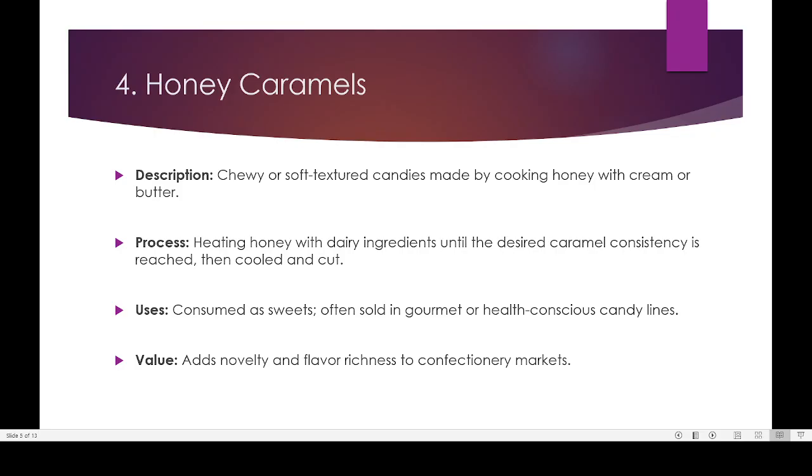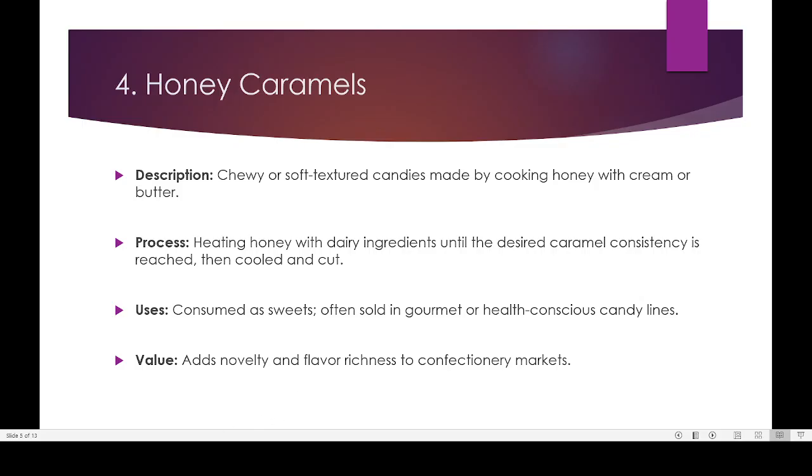Here in our market honey caramel may be available, but it's not so popular in India. So it's a soft textured candy. Candies mean chocolate-like things, made from cooking honey with cream or butter. So how we prepare it, we heat honey with a dairy ingredient. Dairy means milk ingredients, until the desired caramel consistency is reached, then cooled and cut.